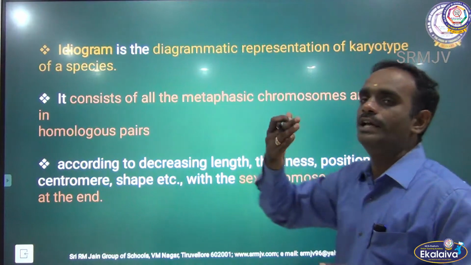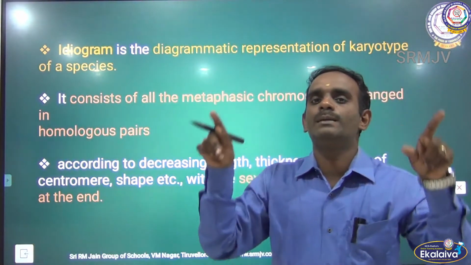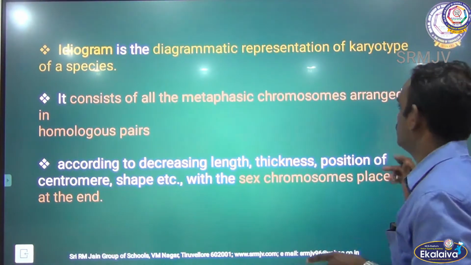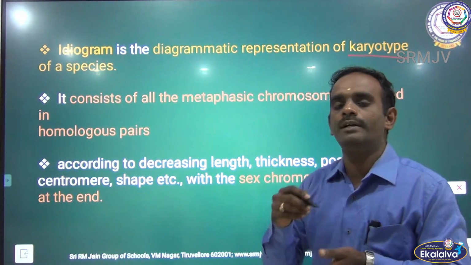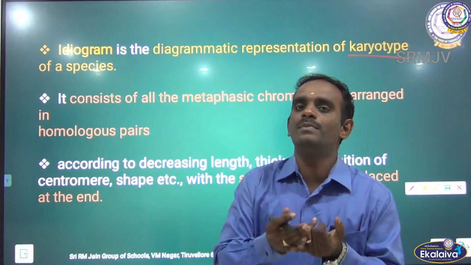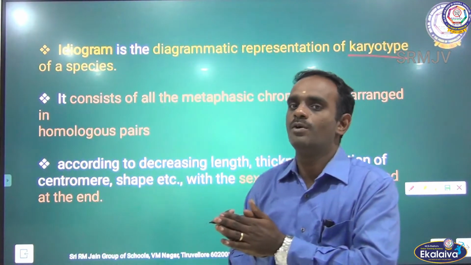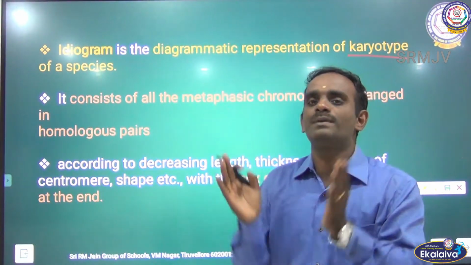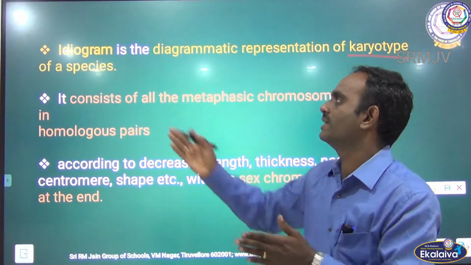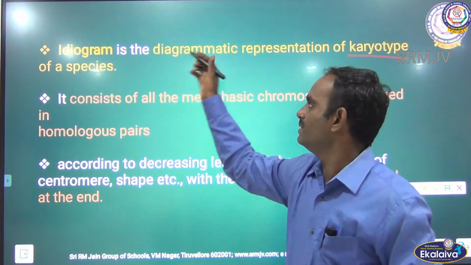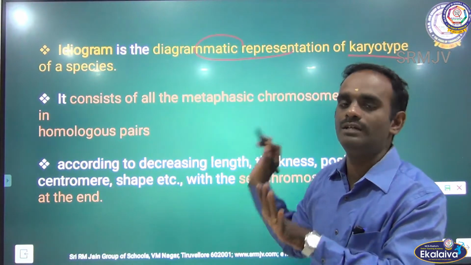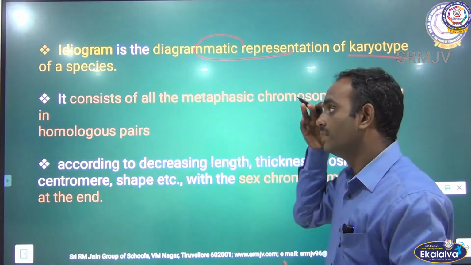The next one is ideogram, the diagrammatic representation of karyotype. Karyotype means the number, shape and size of the chromosomes. This diagrammatic representation of karyotype is ideogram.